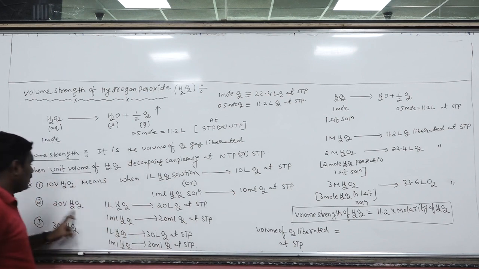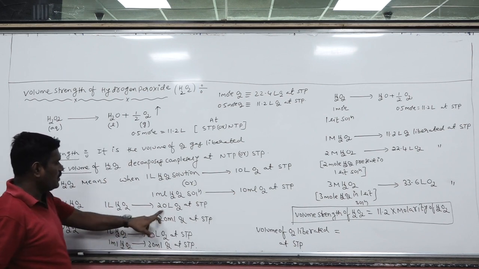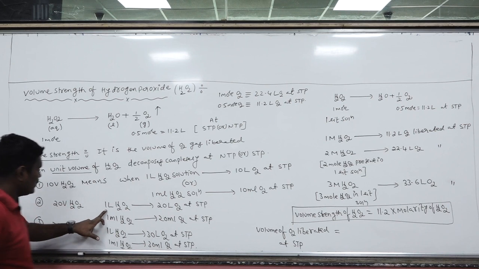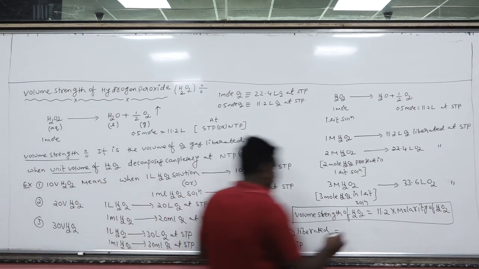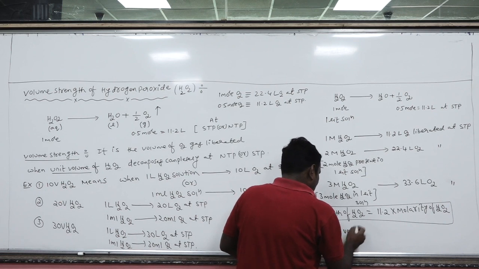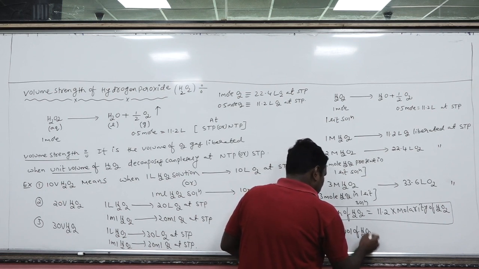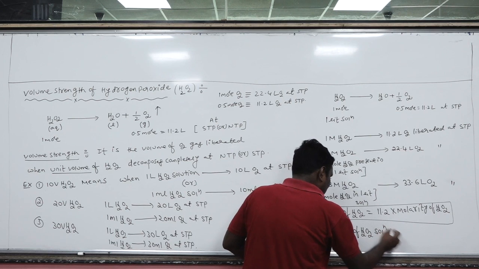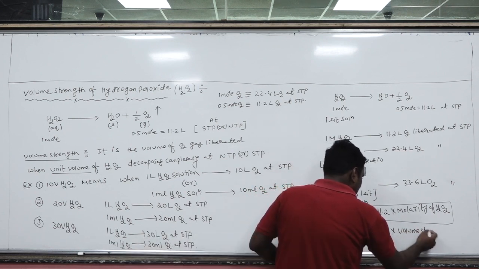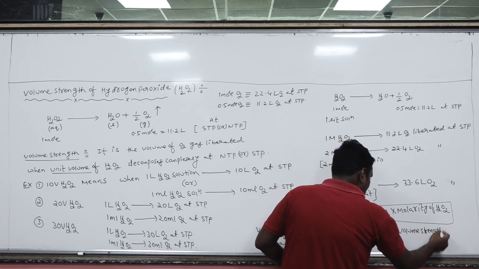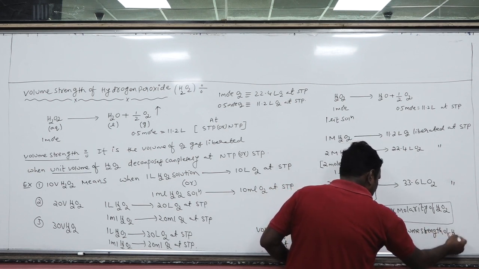Let's suppose 20 volume H2O2. Here the volume of O2 liberated is nothing but the volume of H2O2 solution multiplied by the volume strength of H2O2.